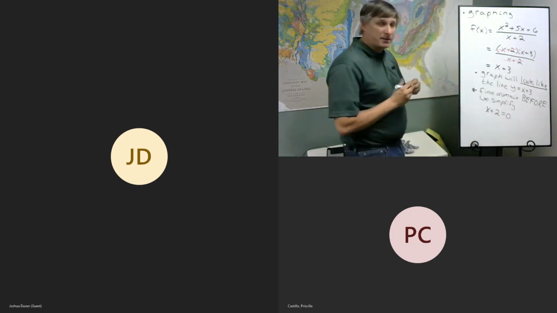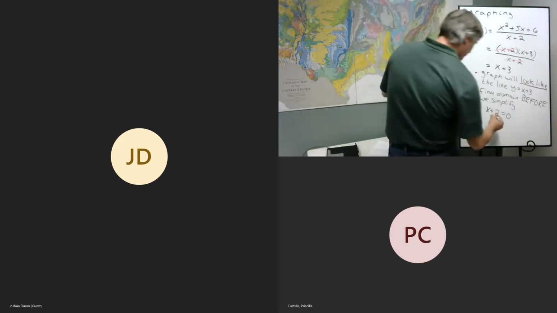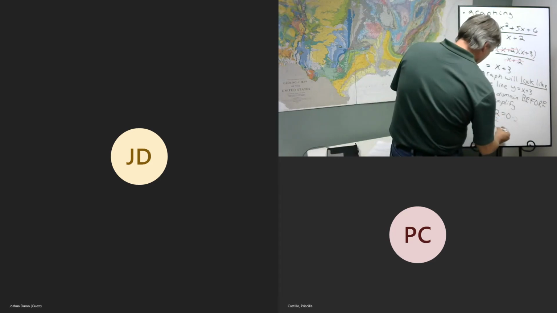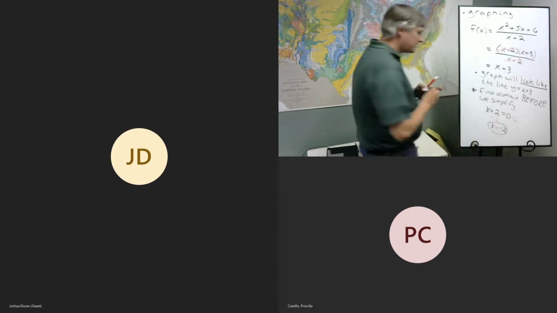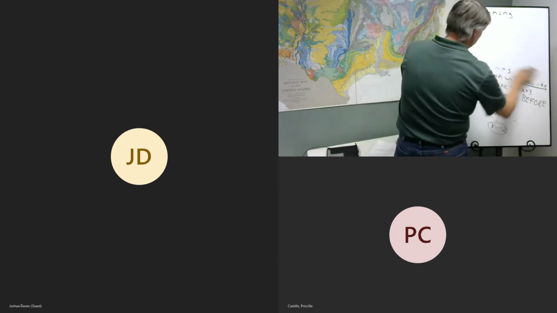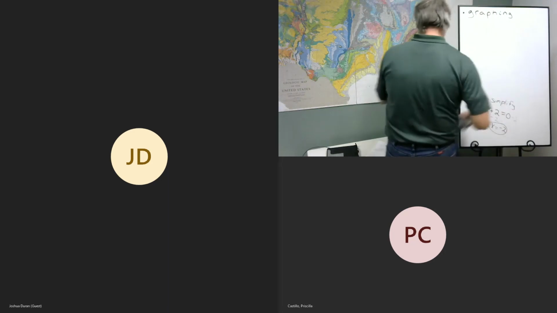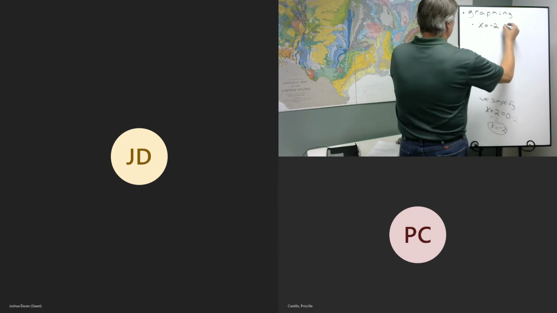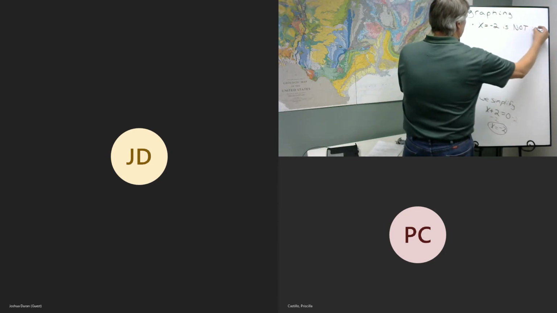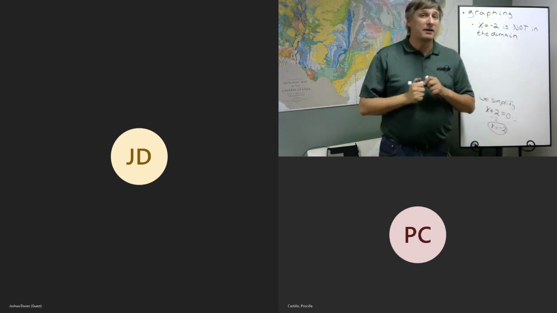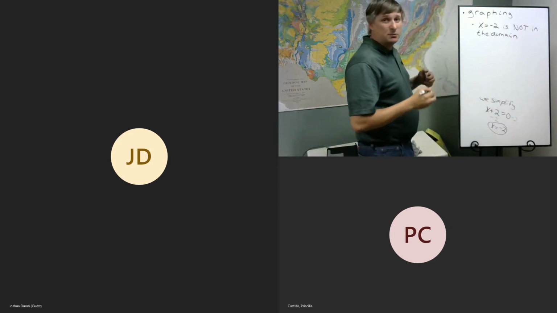So again, we set the denominator equal to 0 and solve for x. And so we find out we want to avoid x equals -2. x equals -2 is not in the domain. So this is what we're going to get.